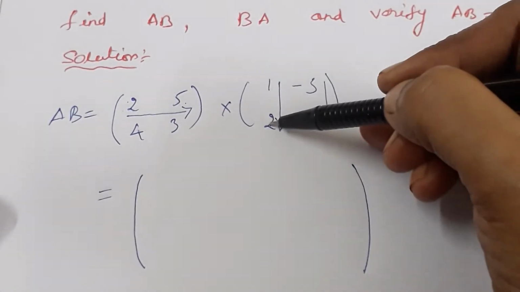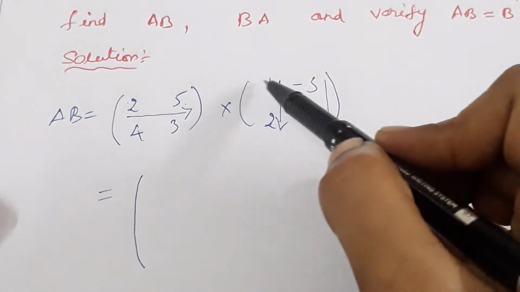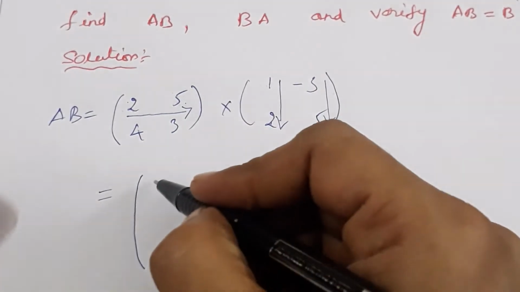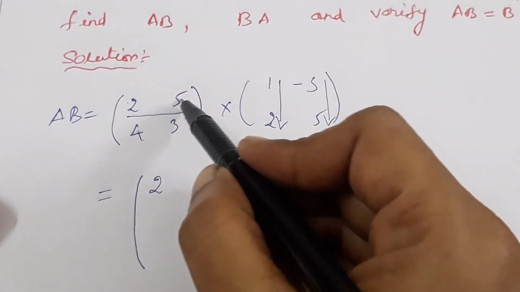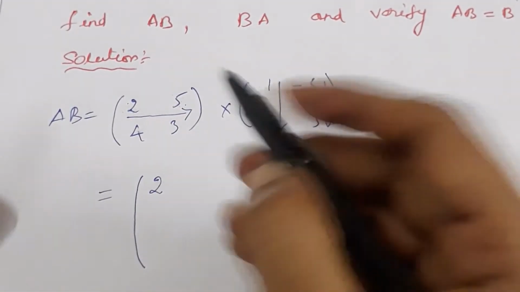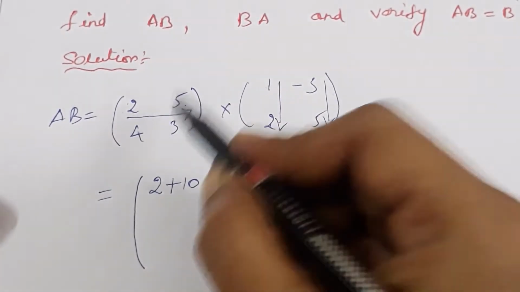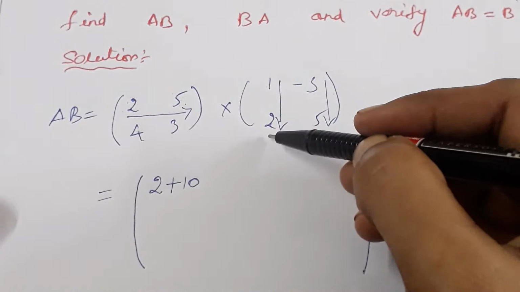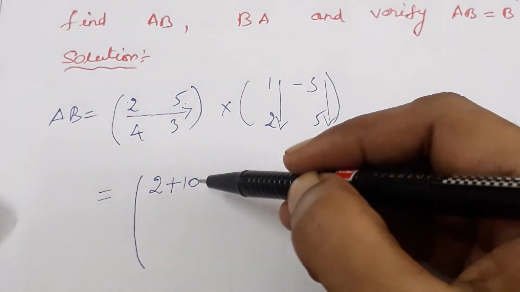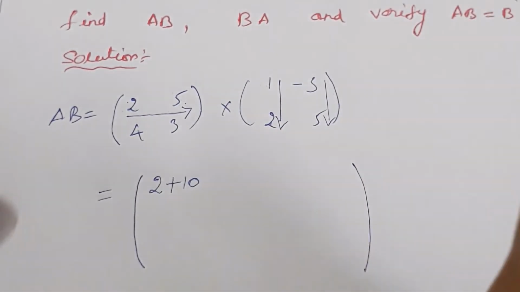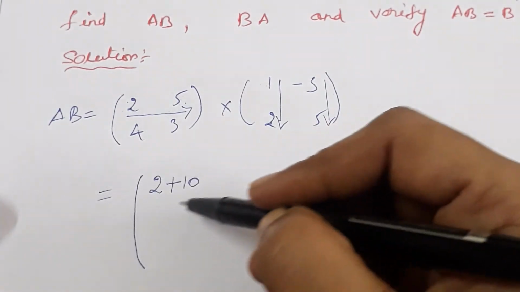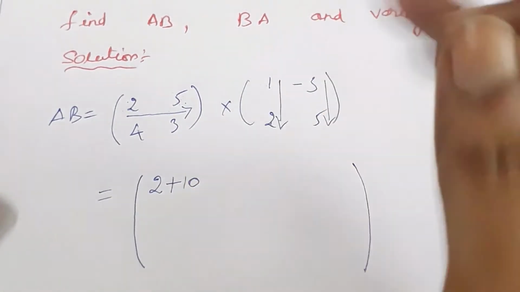First multiply 2 and 1. 2 into 1 is 2. And then 5 into 2 is 10. So you write plus 10. This row is multiplied with this column, which has only one entry, so write that in the first position.